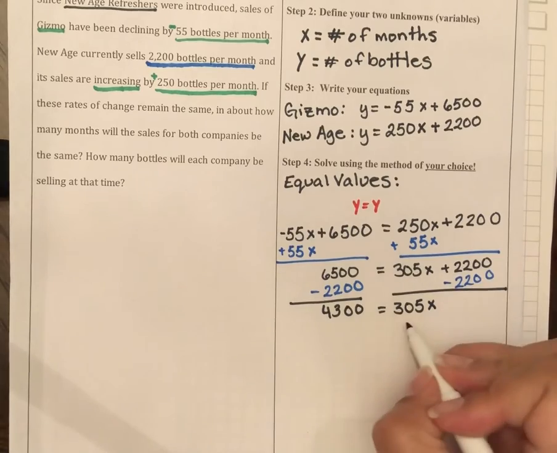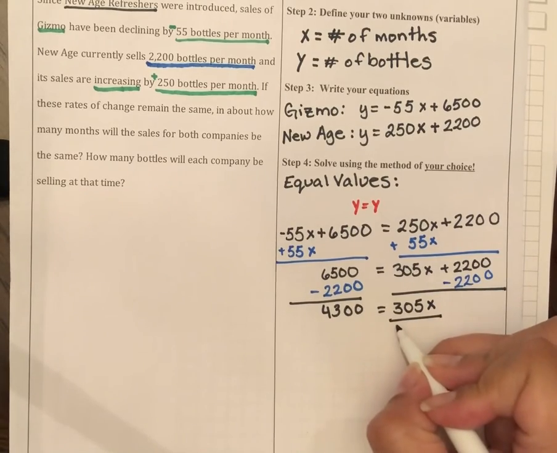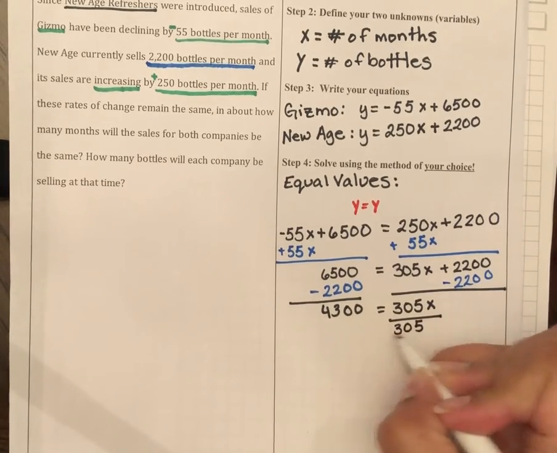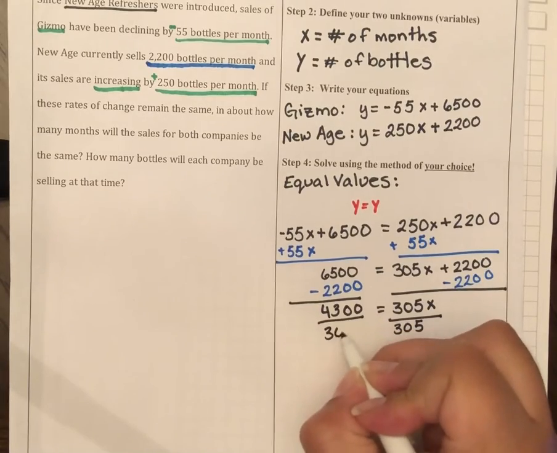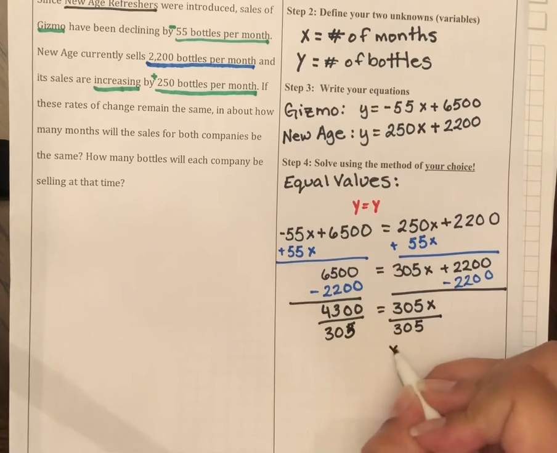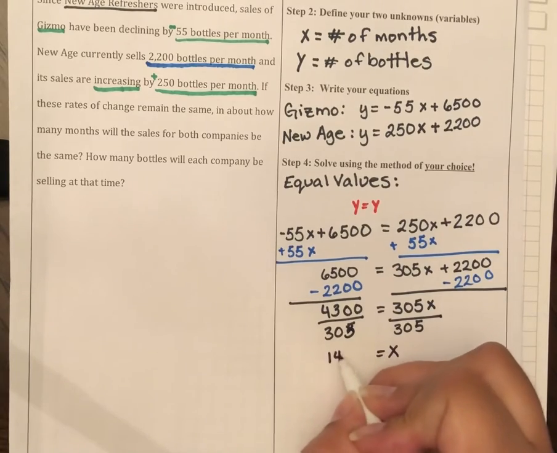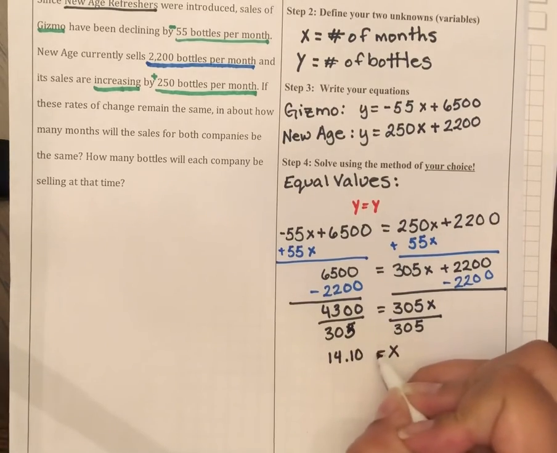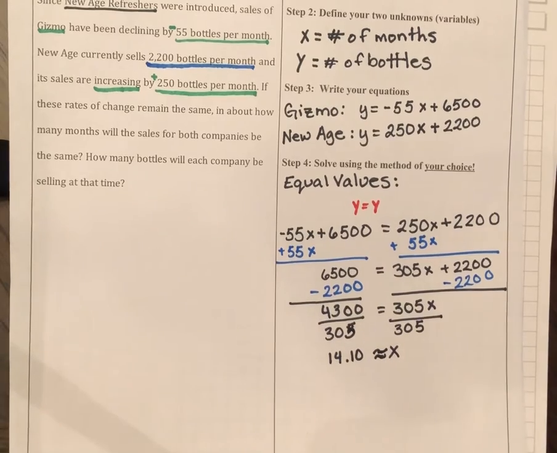So I'm going to divide by my coefficient so I can find the value of x. Oops, that should be a 5. So x is about 14.10 approximately. It's like a long decimal, but as long as we write down two numbers after the decimal, we should be fine.